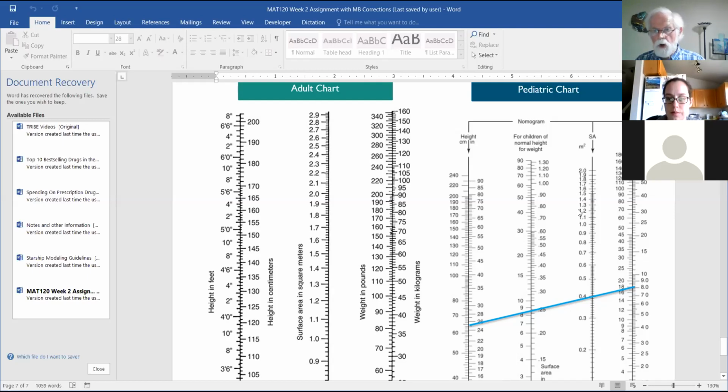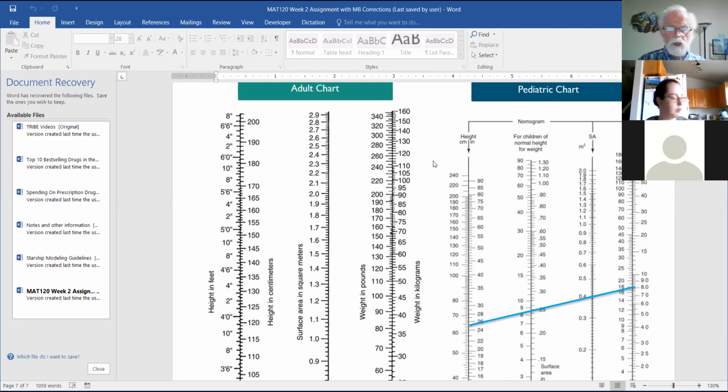You may want to go ahead and print this page out, because you'll actually, I think, use it in either the assessment or the assignment, maybe both. So this is what we normally would use in an office setting rather than go through the calculations.